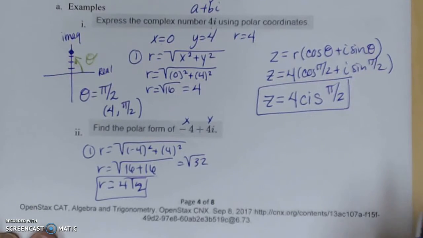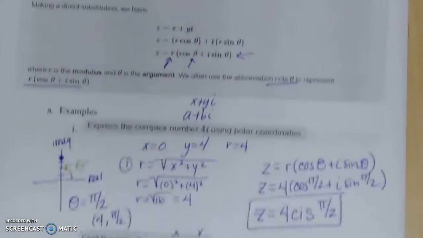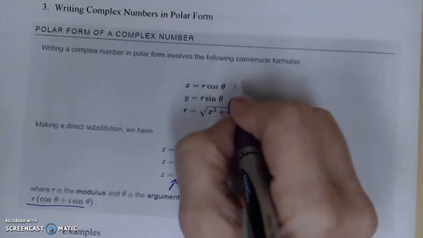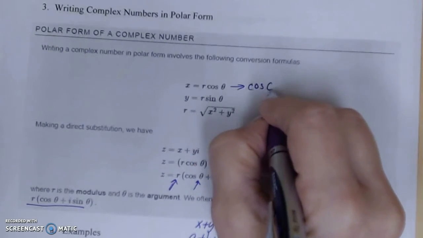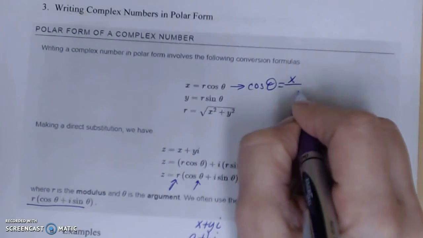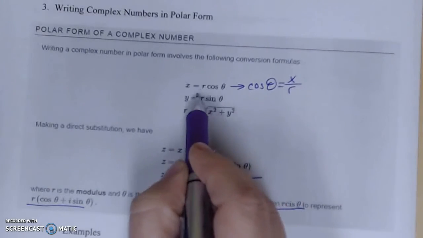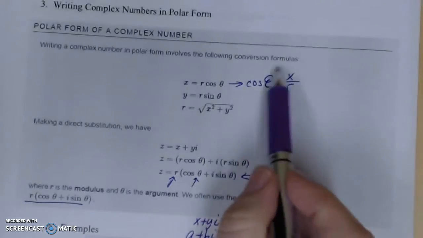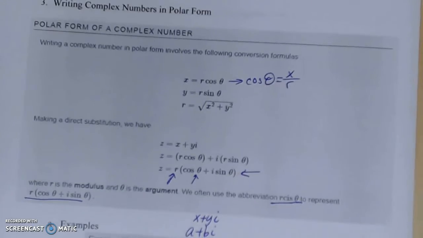No big deal. Next, I want to find my angle. What you can do is go back up here and manipulate this one, and say, well, cosine theta is equal to x over r, just dividing both sides by r, and I'm going to use that to figure out this theta that I need.